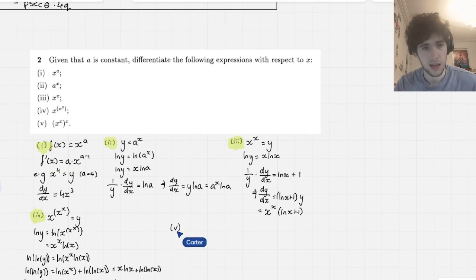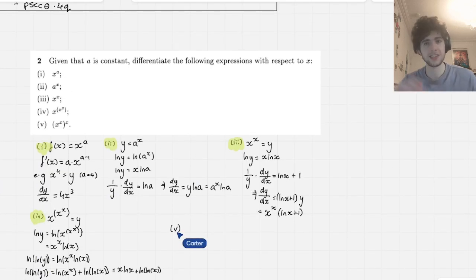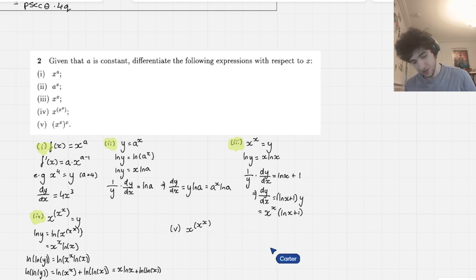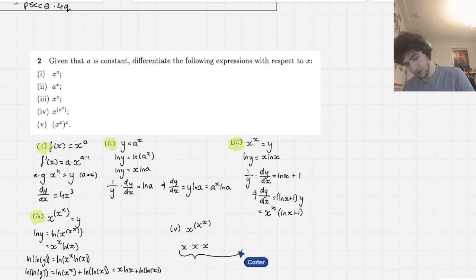And V asks us to differentiate x to the x times x to the x times x to the x, x different times, which is different to the one above, because that's x to the power of x to the power of x. That was IV.